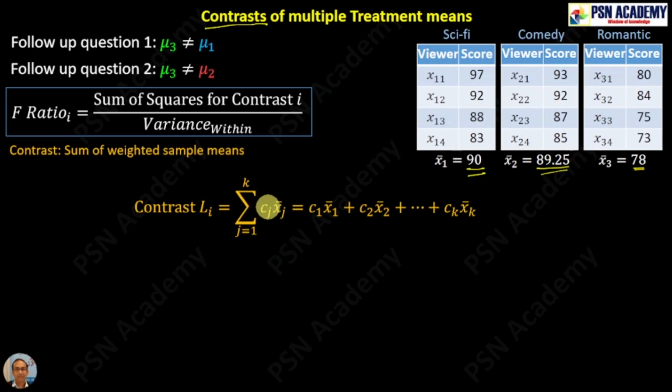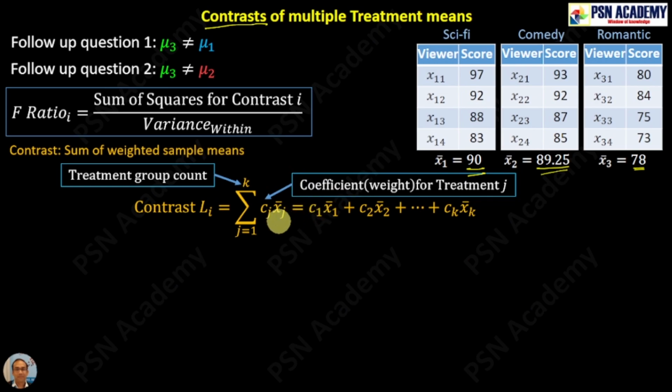If you expand this, you get C1 x1 bar plus C2 x2 bar, like that. Here k is the treatment group count. We have 3 treatments, so k is 3. The Cj's are the coefficients for each treatment j, and xj bar is the mean score for treatment j, what you have got over here.